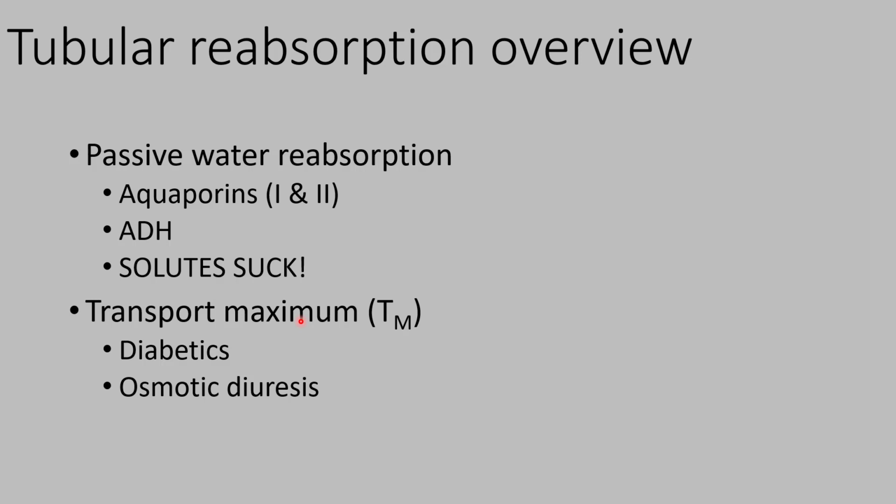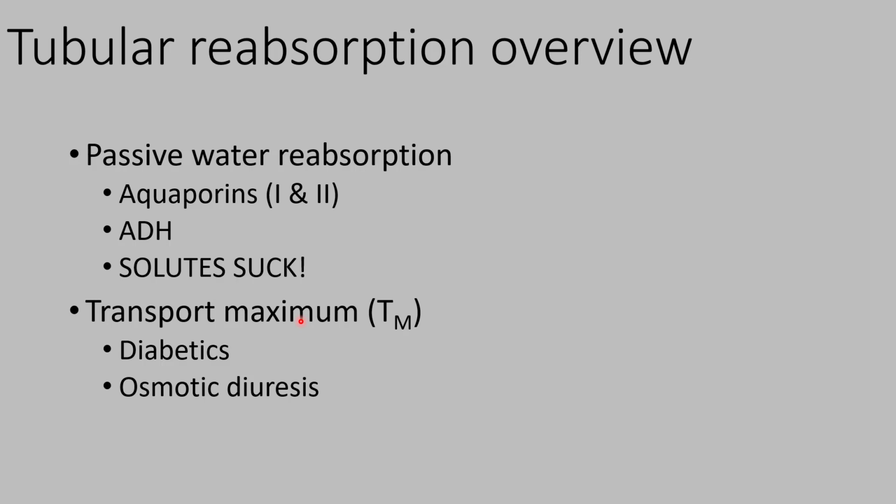Glucose is going to remain in the filtrate throughout the rest of the nephron. And since it is a solute, what's it going to do? It's going to suck water towards itself. It's going to resist water being reabsorbed.